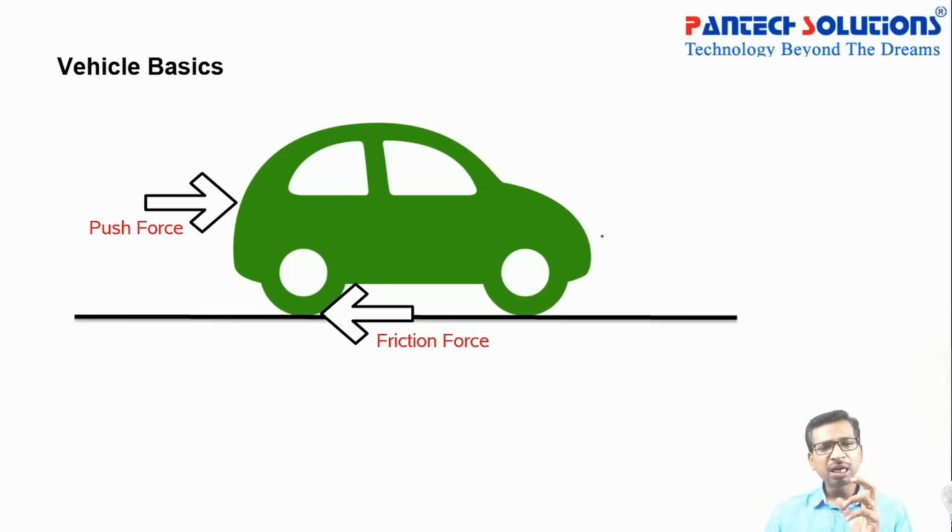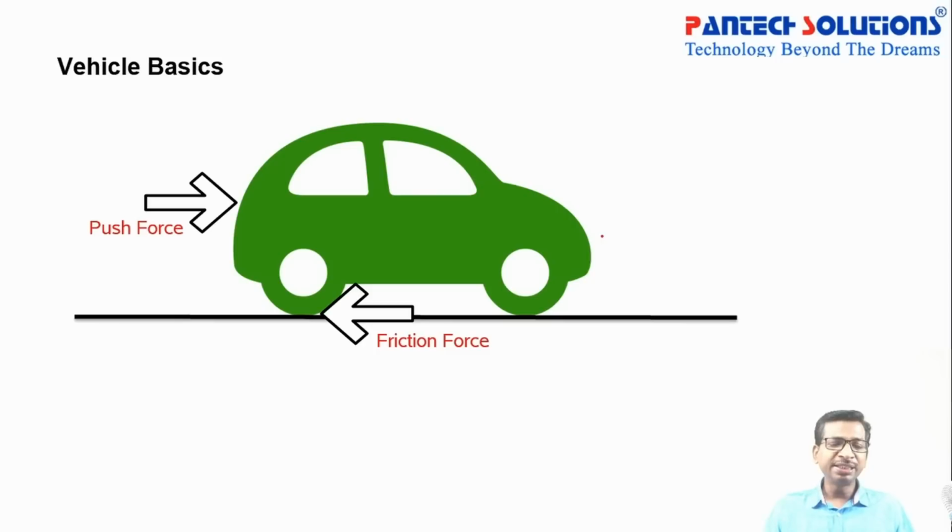If you want to move it from the standstill position, you will apply a push force, that is called the propulsion force, directed towards the vehicle's direction. And in the opposite direction, the friction force will be there, because the wheel is lying on the road. So there will be a friction force.